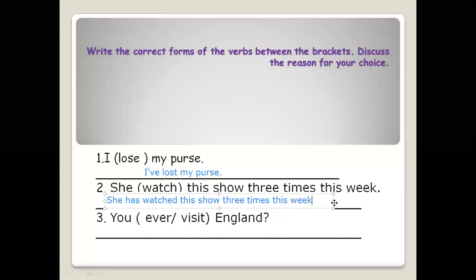The last one, it's a question form. You ever visit England? Why do I use present perfect in this? One, because the expression ever indicates life experience, to talk about your life experience, that you've done this in your life. Have you done this or not? So I will ask this question.